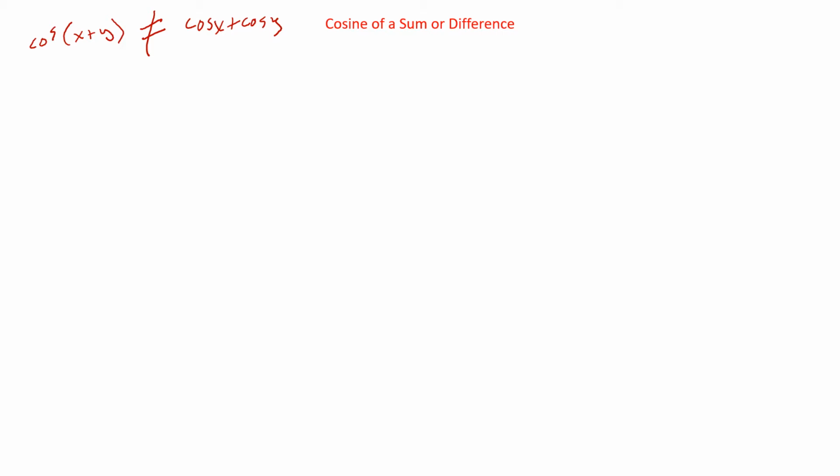You cannot add them together. If you think about it, the cosine has to be in between -1 and 1. Well, if you added two of them together, you could get something above 1, so it wouldn't possibly even make sense. So you cannot just add them together. There is a formula on how to do that.